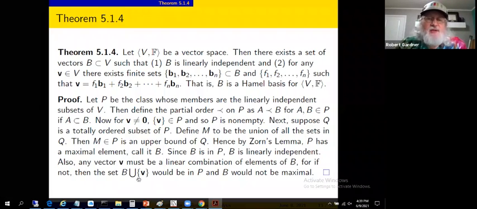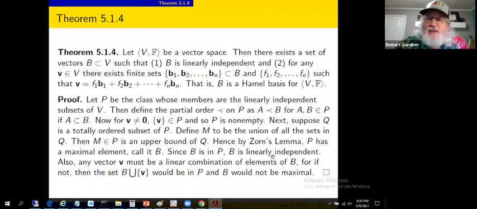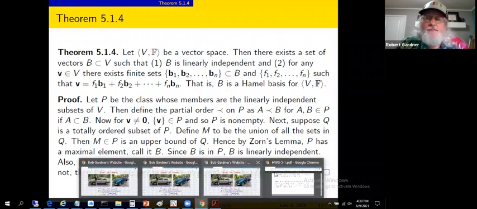So vector V must in fact be a linear combination of the elements of B. That is, B must be a spanning set. So a linearly independent spanning set, why, that's a basis. And all of this is dealt with in terms of finite linear combinations. Must be finite linear combinations in vector spaces unless you have some additional structure, and we're not there just yet.